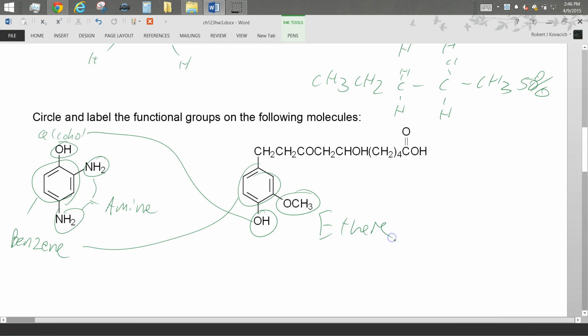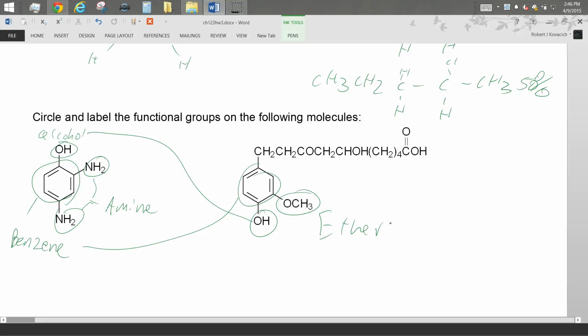It's an ether. There's no E there. What else we got? Is there another ether up here? No, there's not another ether. Oh, that's a double bond. Yeah, if it was an ether, that carbon that's on the left would have a CH2 on it.